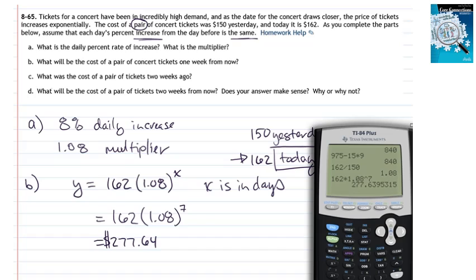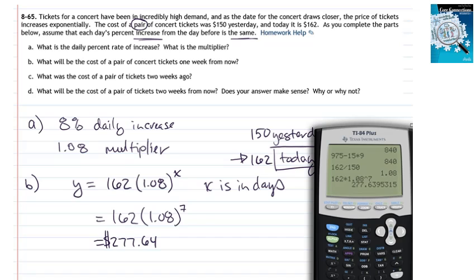Okay, so what was the cost of a pair of tickets 2 weeks ago? Oh my gosh. 2 weeks ago. So that's in the past. Oh, I know. I actually know because x can be a negative number, right? We've already talked about these negative exponents.